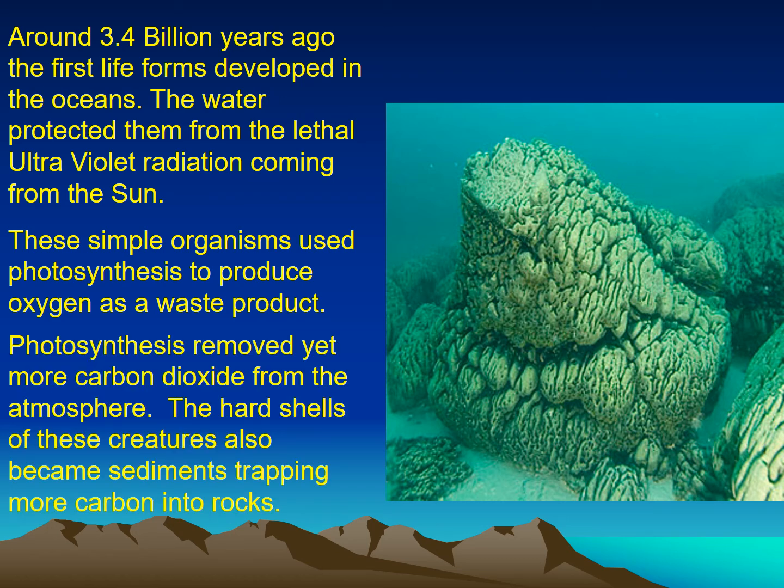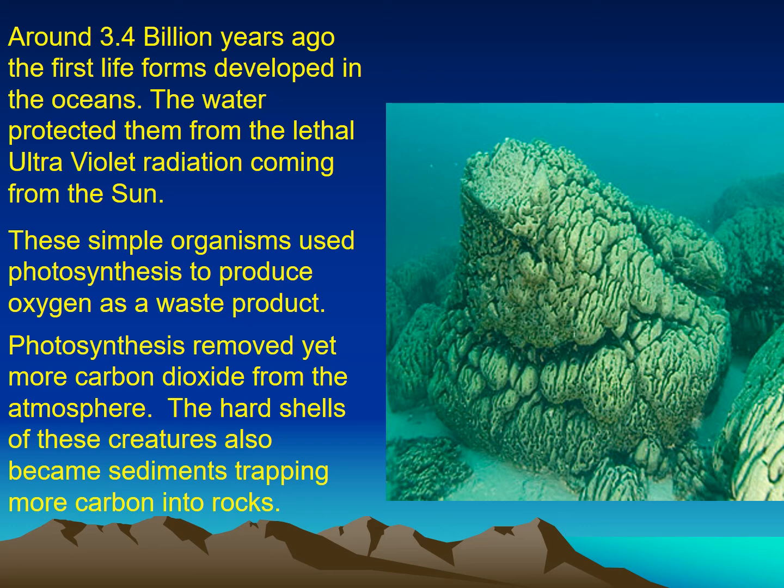So this photosynthesis started removing carbon dioxide from the atmosphere, and then these hard shell creatures, when they die, they also become sediments or more carbonates or limestones, thus trapping more of that carbon in the oceans. So you've got carbon being trapped in water and rocks, and now in these dead organisms as well.